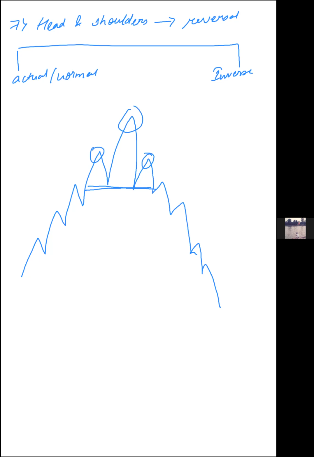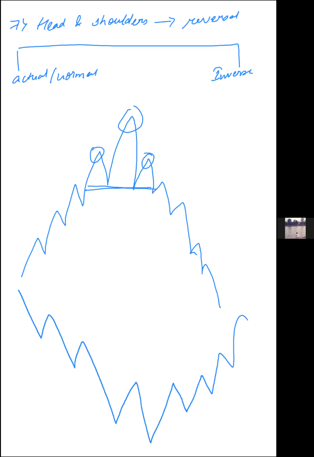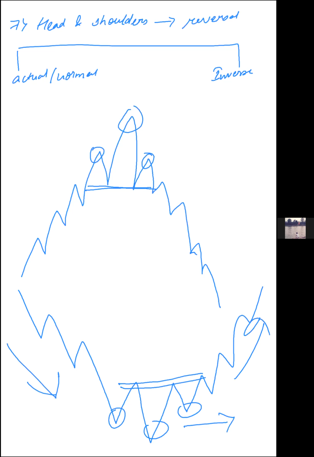While an inverse head and shoulders looks like this. This is how it acts as a reversal pattern.